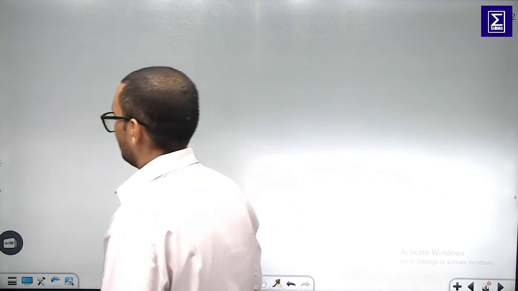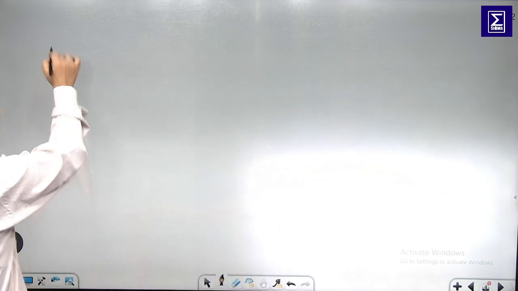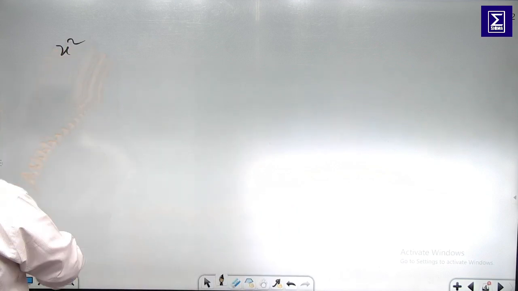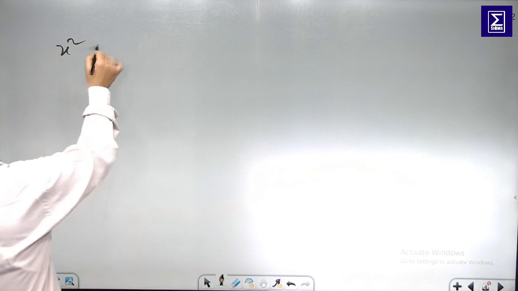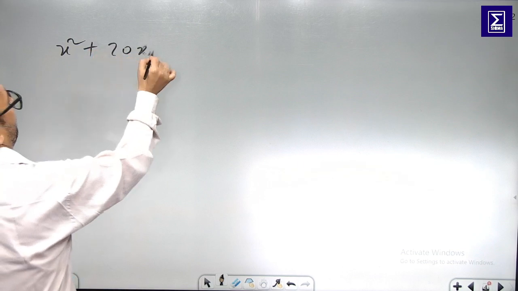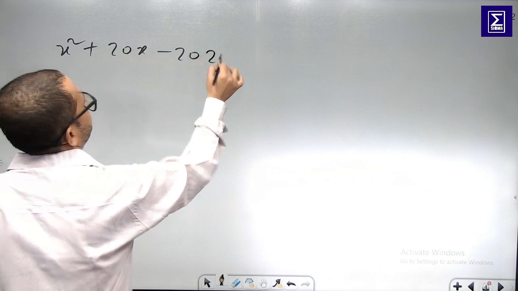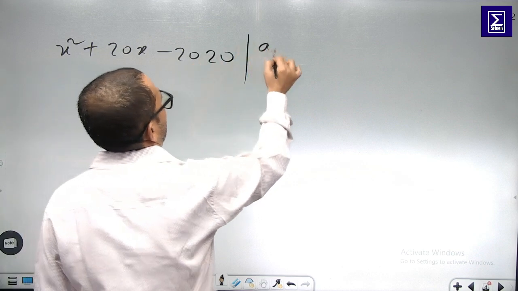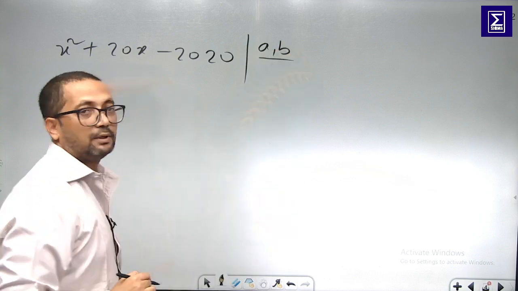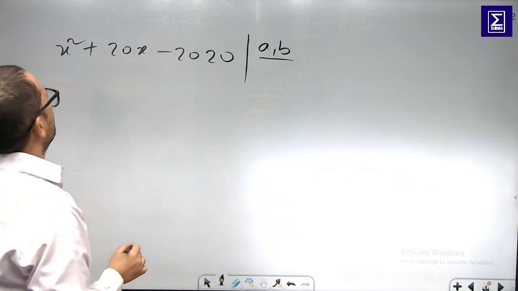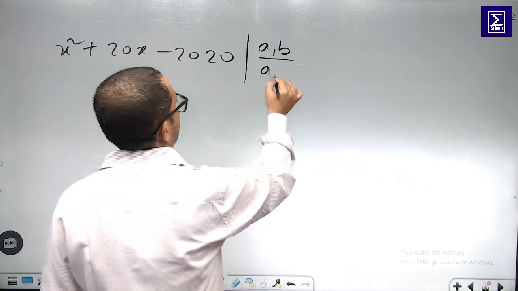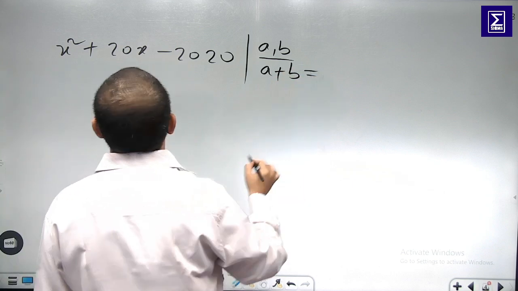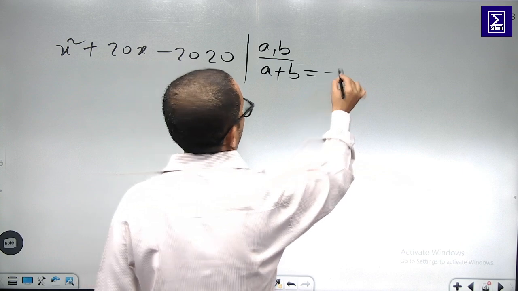The very first thing is x square plus 20x minus 2020. a, b are the real roots of this polynomial. So what would be a plus b? That is the sum of the roots, minus b over a, so minus 20.